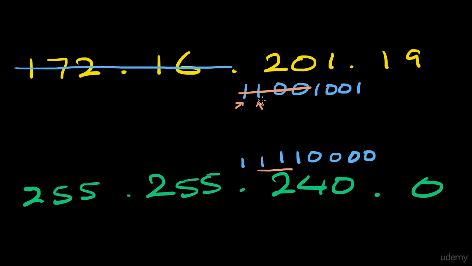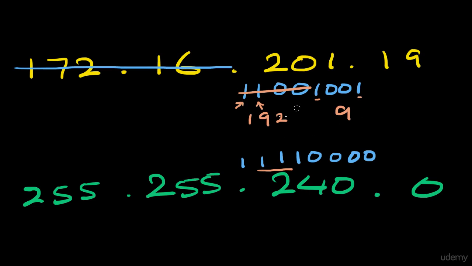So 128 plus 64 is 192. This column over here is 1, 2, 4, 8. 8 plus 1 is 9.